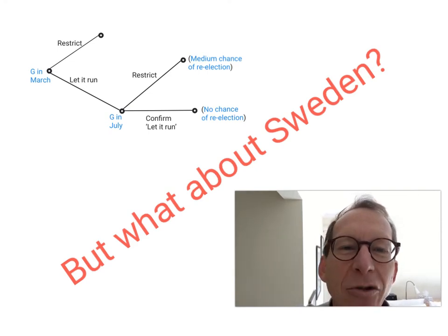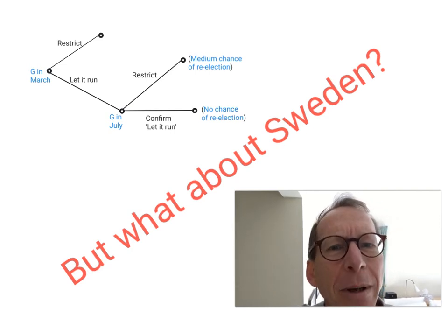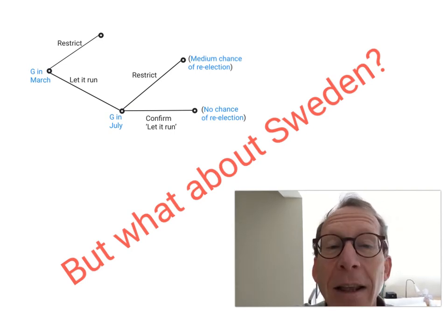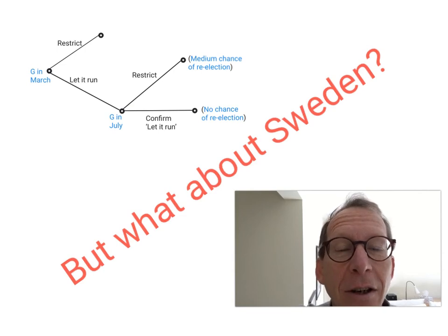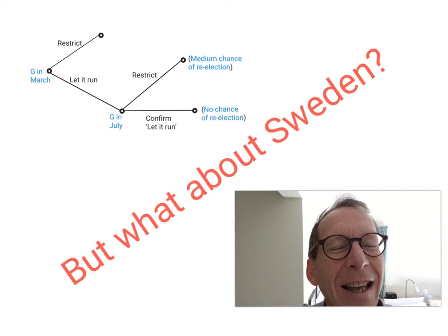So have the extra deaths, in economist jargon, been worth it for the economic benefits? It's not clear. They have announced that after COVID-19's all done, they will be having an inquiry into their decision to have a very mild lockdown, and so we'll see what comes out of that. But in that situation, it's not quite right to say they let it run.